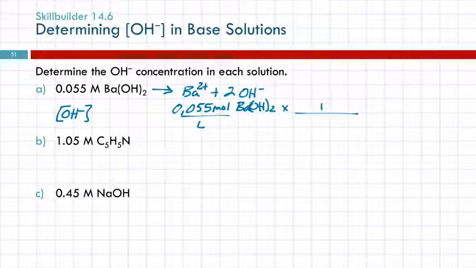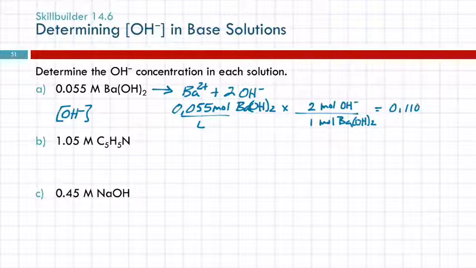And then we want to know the concentration of hydroxide ions. So we look at the ratio from this equation. We get 2 hydroxide ions for each of these, 2 to 1. So that gives us 0.110 molar. So the hydroxide ion concentration is twice as much as the base because this base contains 2 hydroxides. Does that make sense?